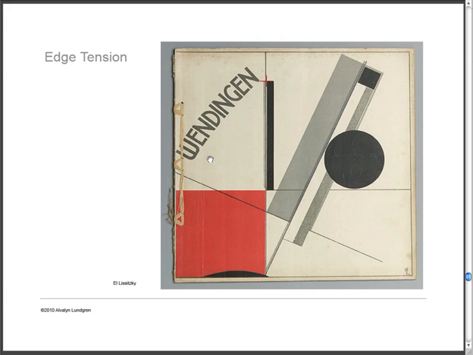So the Bauhaus artists and designers are people that you should at some point be somewhat familiar with. But notice the edge tension that's happening here as things are lined up, addressing the edge and meeting certain touching relationships. Those shape relationships will flatten space.